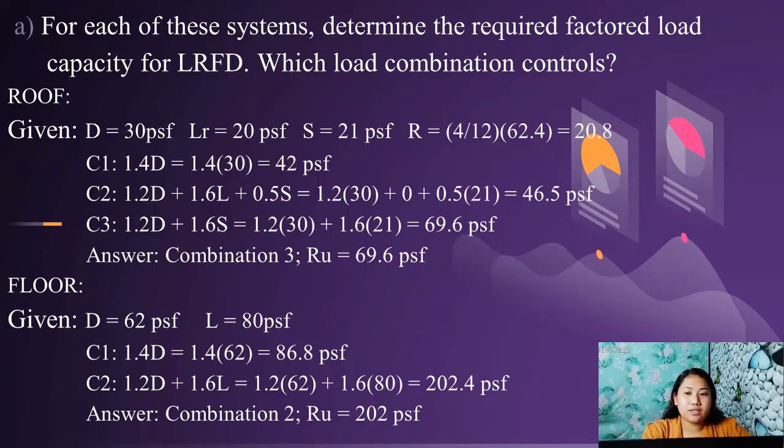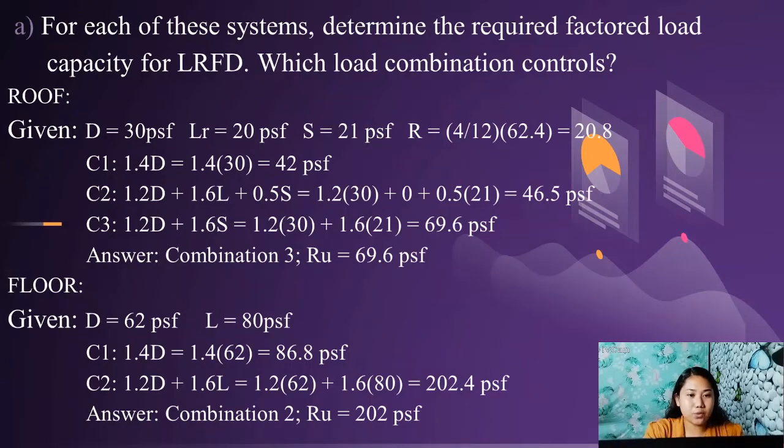So we separate the roof and the floor when answering. So we have here the given. D is equal to 30 pounds per square foot. Then roof live load is 20 pounds per square foot.